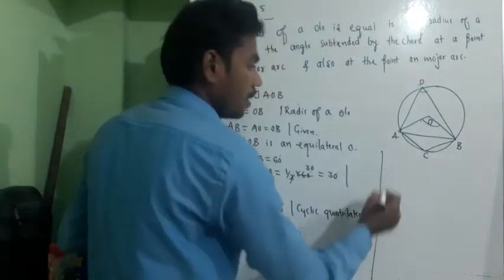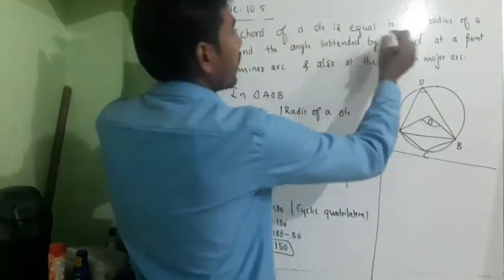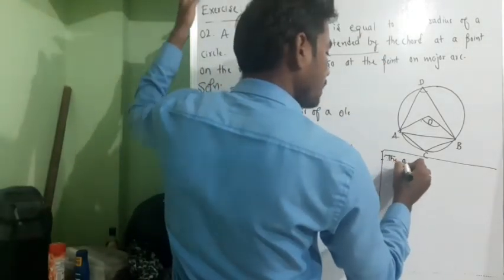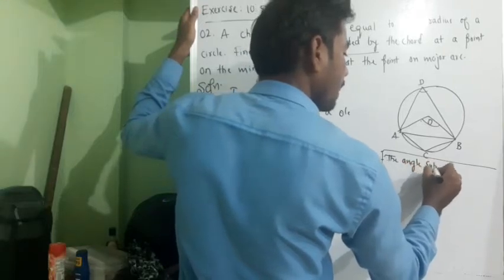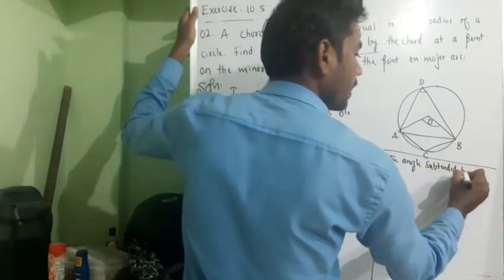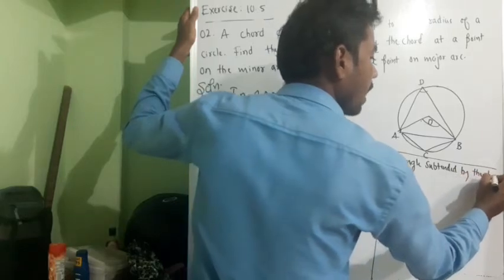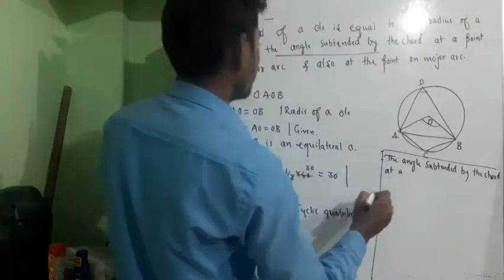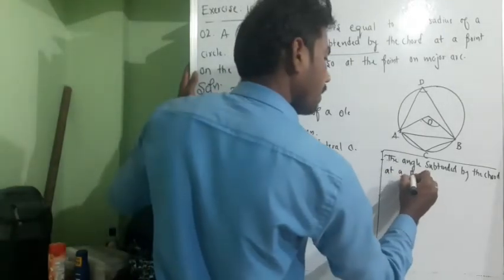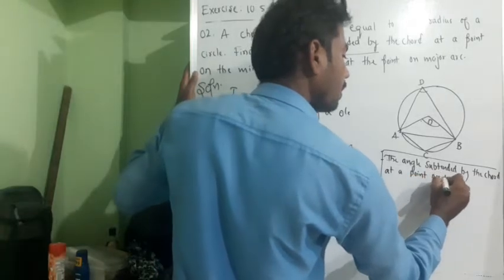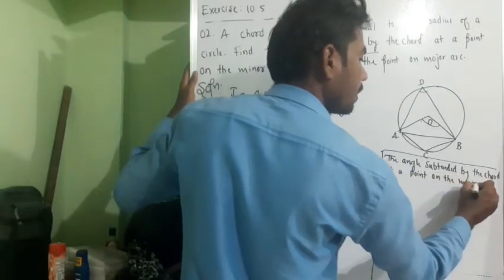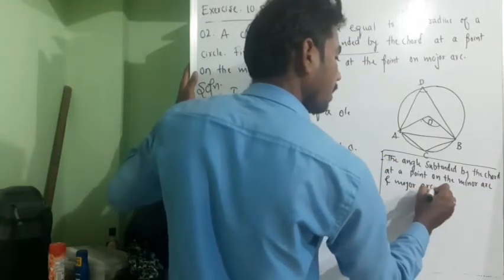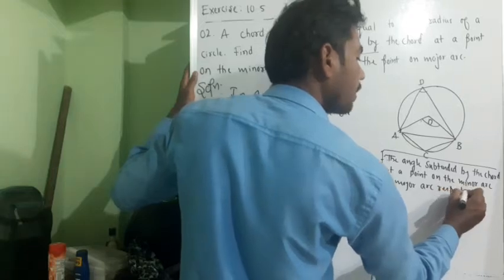So we can conclude this. The angle subtended by the chord at a point on the minor arc and major arc respectively are.